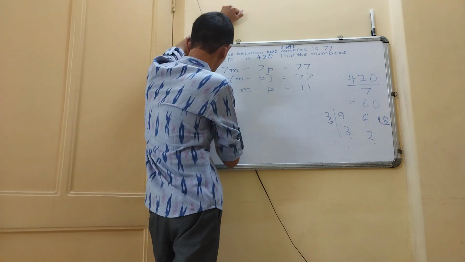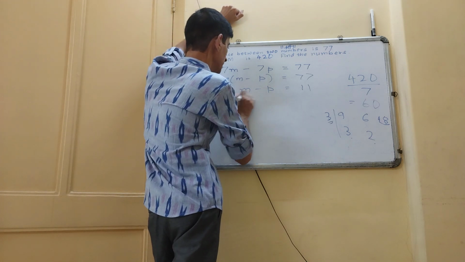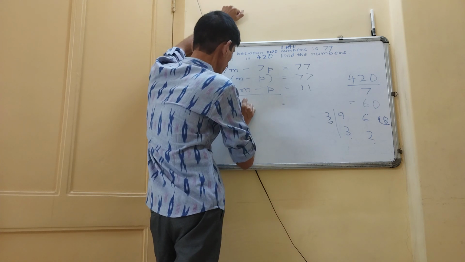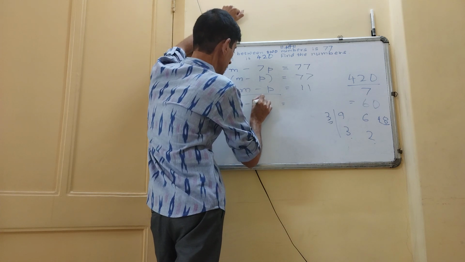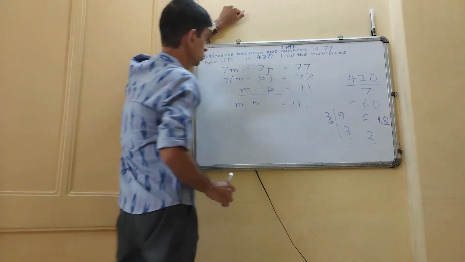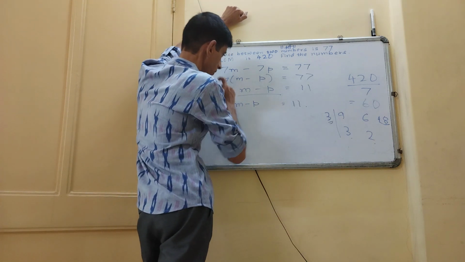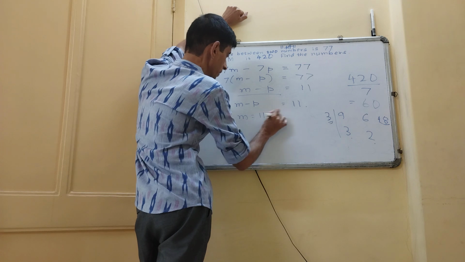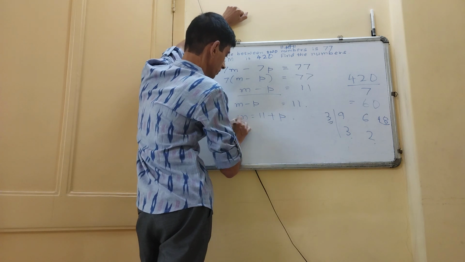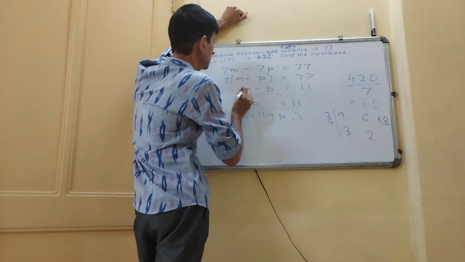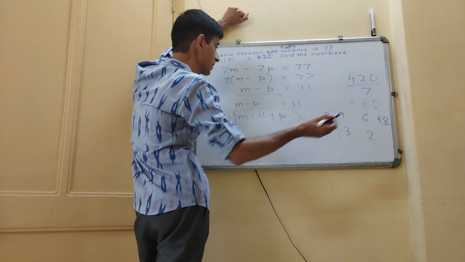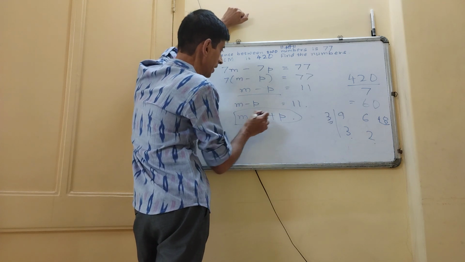So what I am going to do over here: the difference between the numbers is 11. So the smaller number m is equal to 11 plus p. Earlier it was n and n plus 77, now it is m and p.